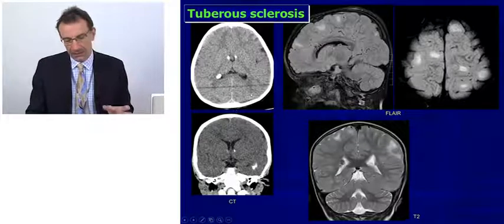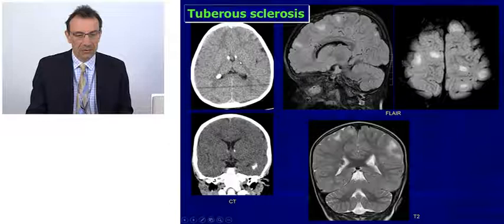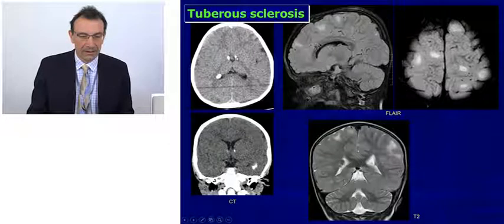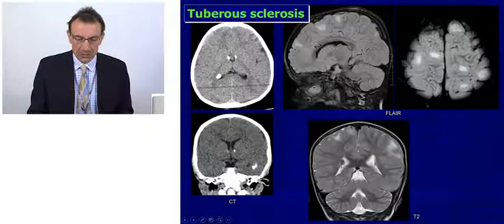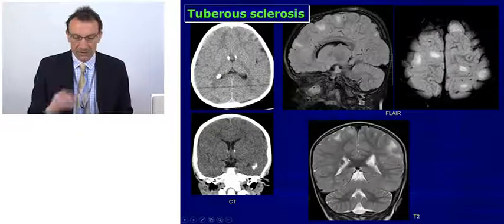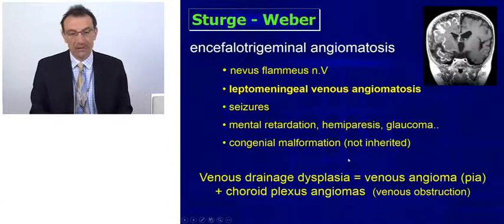Here the CT is of use because the small calcifications, as here, are of course nicely seen, and then we can compare MR and the difference, of course, on MR where the subcortical hamartomas are much better seen than on CT. This is on FLAIR image, but of course also on T2 images, and on T2 we can see the low signal of some types of calcification indeed.